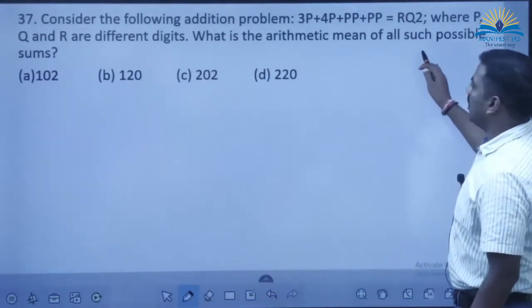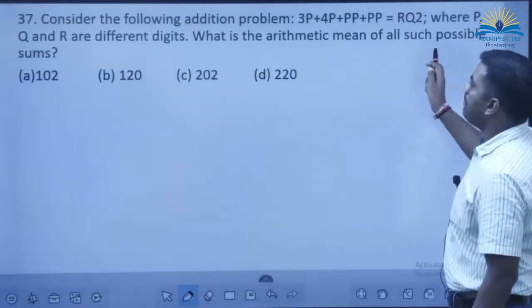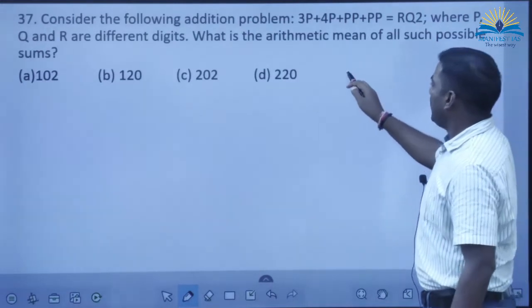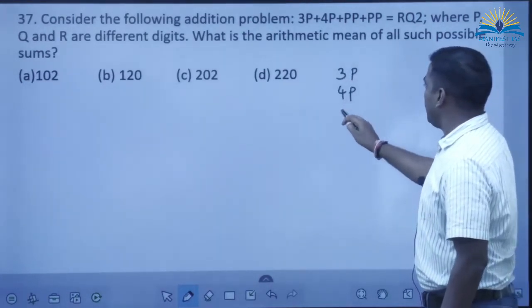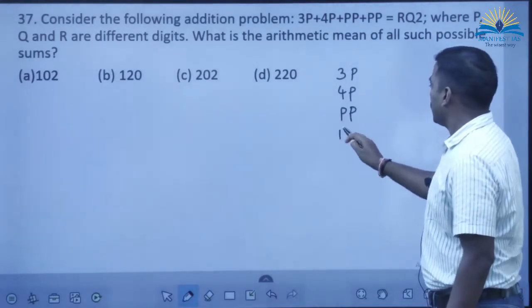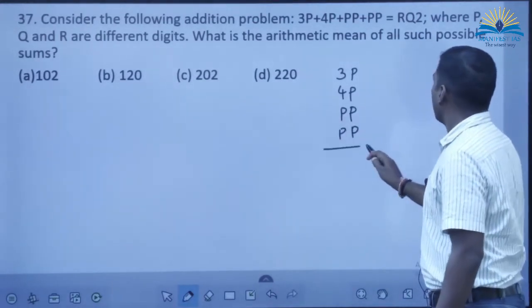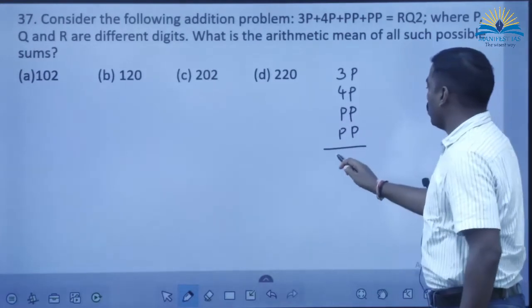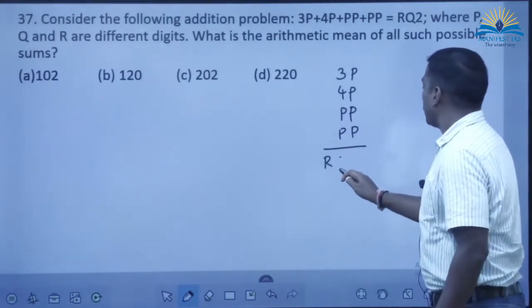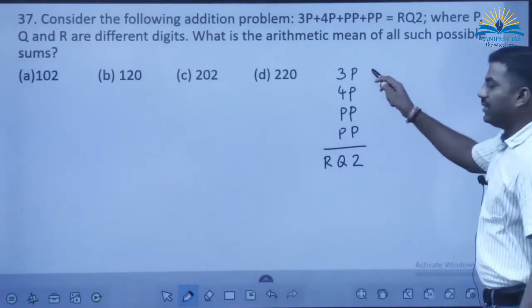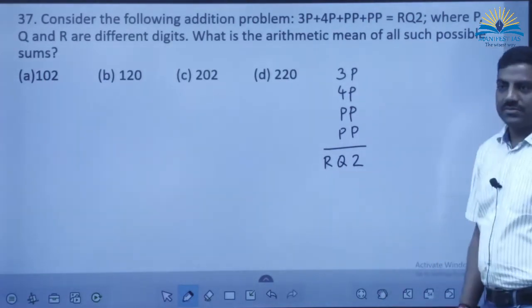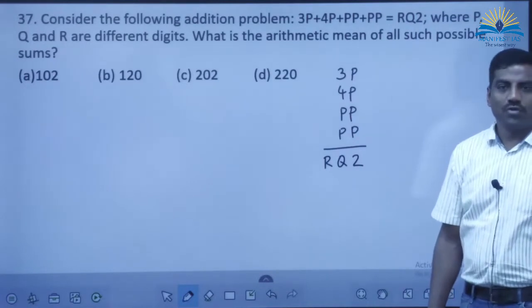Okay, here there is one, 3p plus 4p plus pp plus pp is equal to rq2. Same digit is repeating for 4 times, right?